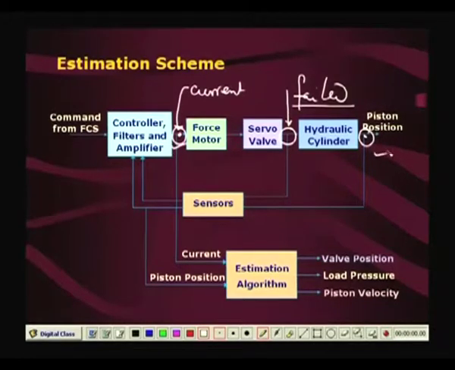So using these two measurements, whether we can estimate this spool position, that is what we tried.